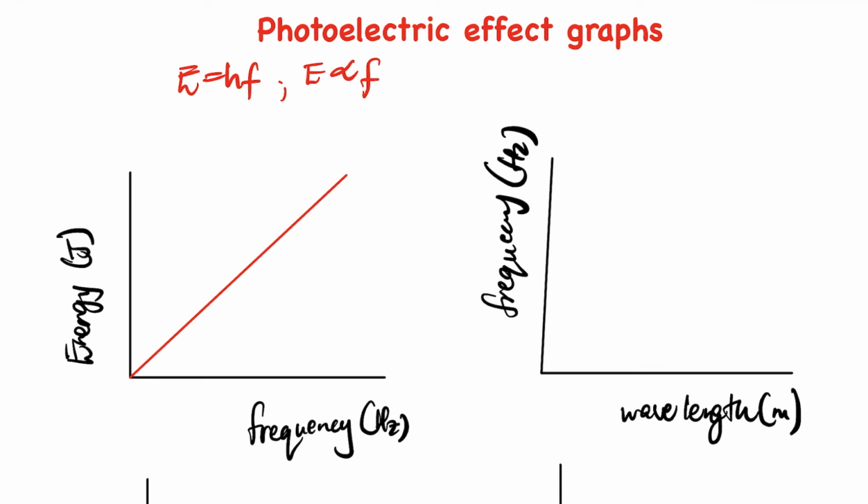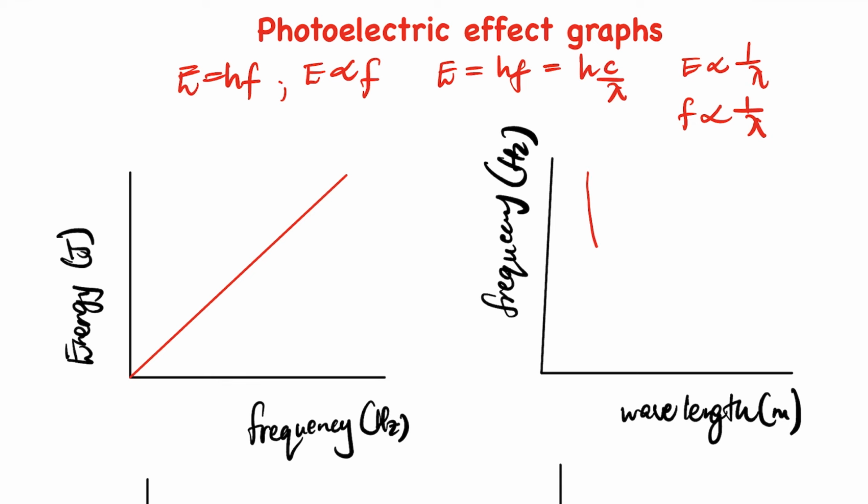And we know from this formula that says E is equal to hf, we can derive that. Instead of f, we can say c over lambda. So we know there's an inverse relationship between the energy and the wavelength, as well as an inverse relationship between the frequency and the wavelength, right?